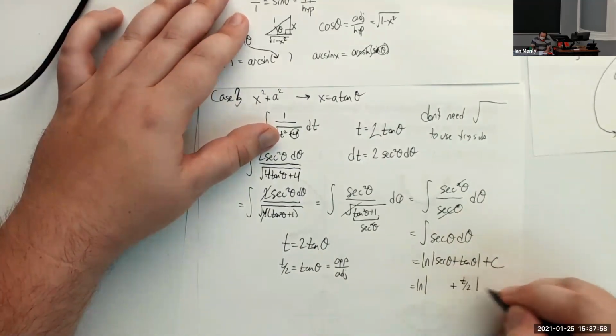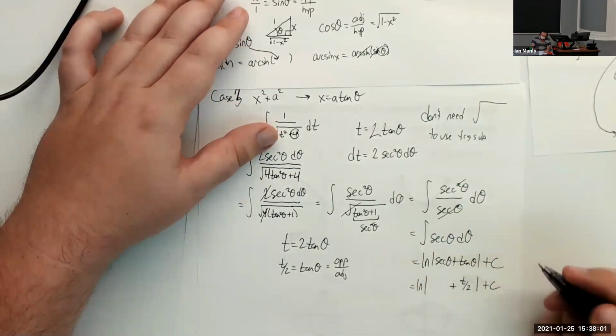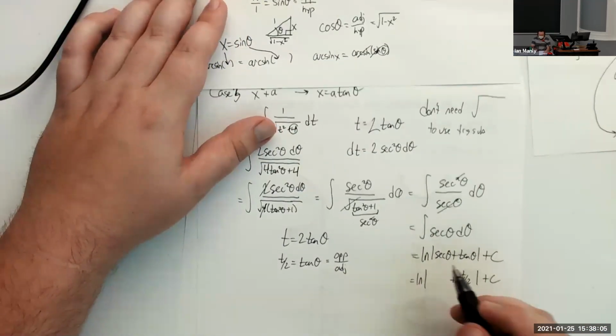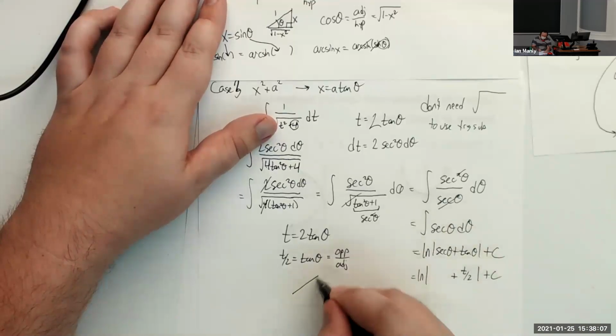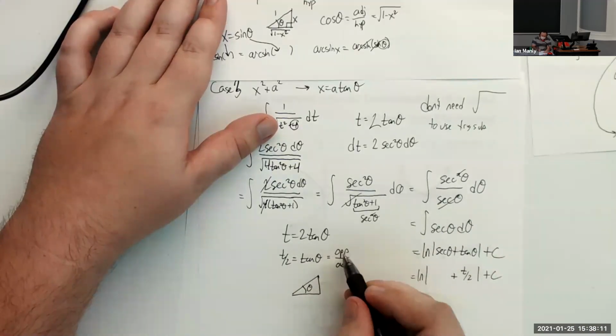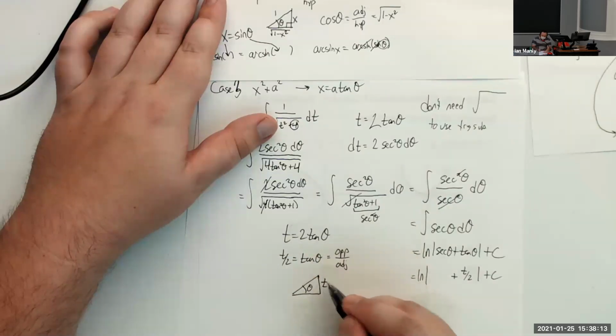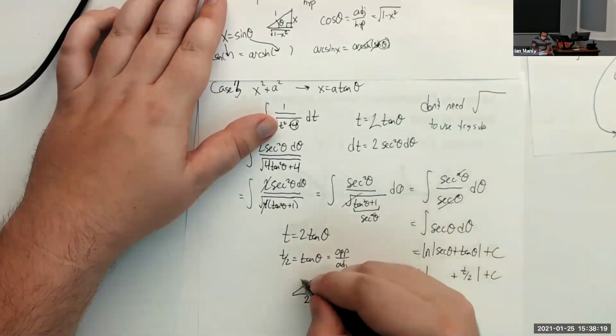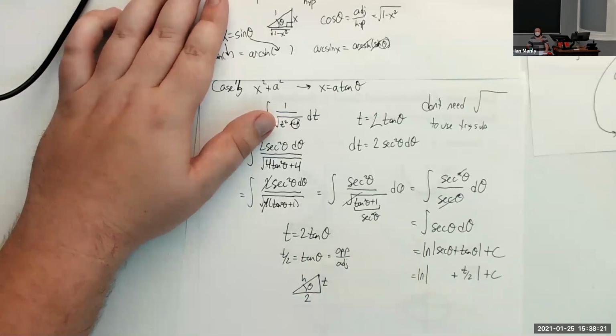So we can put that in there. Now what we really need to figure out is what secant is going to be, and that's going to require us to do the triangle here. So let's draw our little triangle. We have theta. Let's see, our opposite side is t. Our adjacent side is going to be 2 right here. And then we have our hypotenuse, which I guess I'll just call h.